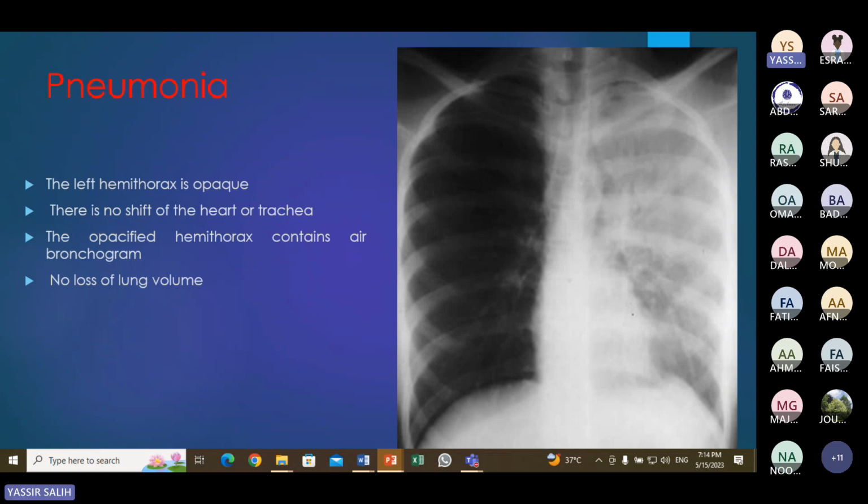Pneumonia. What else? Within the lung. Yes. Pneumothorax. Is pneumothorax causing opaque hemithorax?